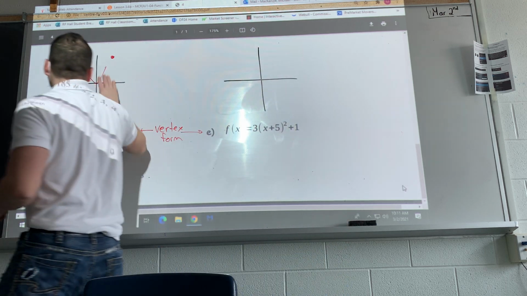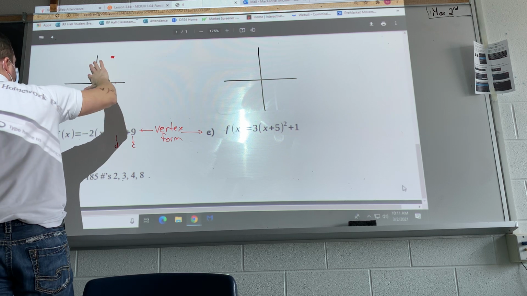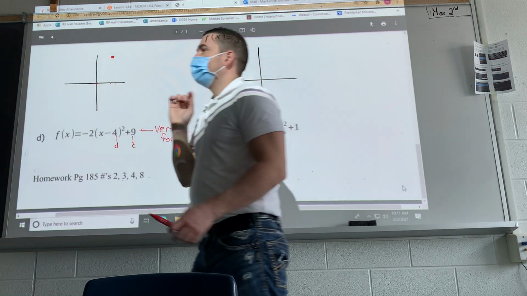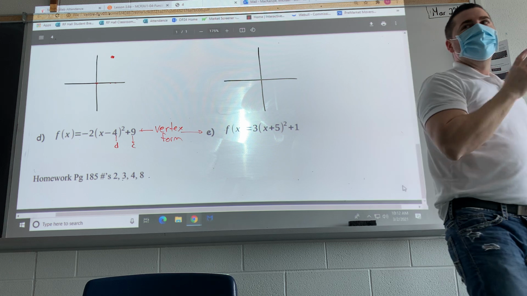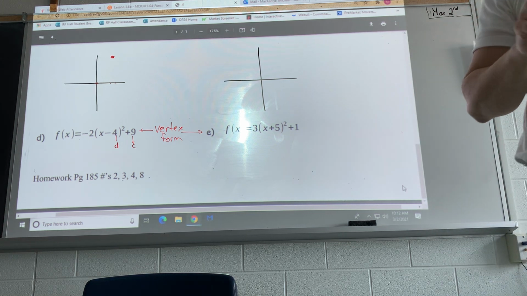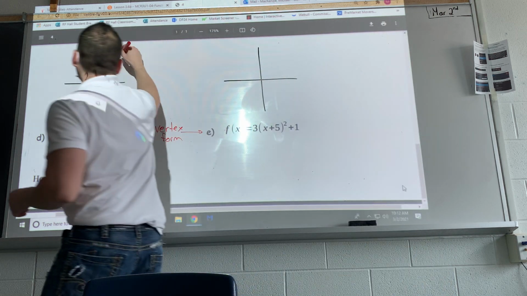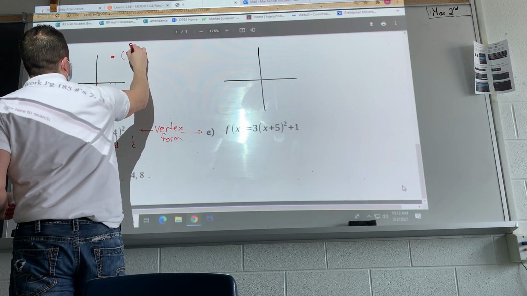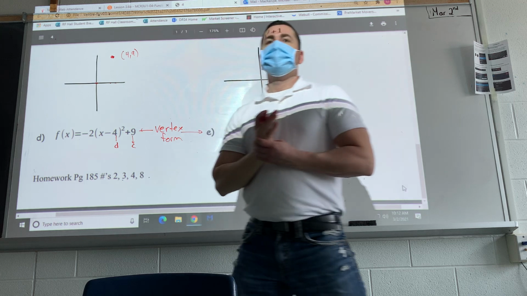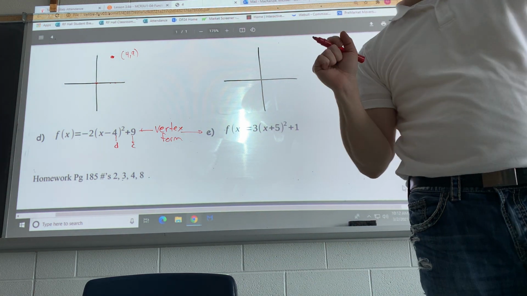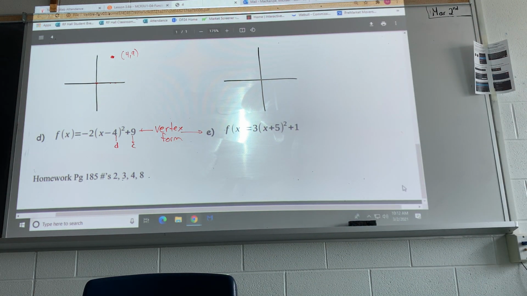But we still don't know how many zeros there are. We have to look at one last thing. So this vertex is at 4 and 9. So Andrew, what do we look at now? If it's negative or positive, see which way it's facing. Good.